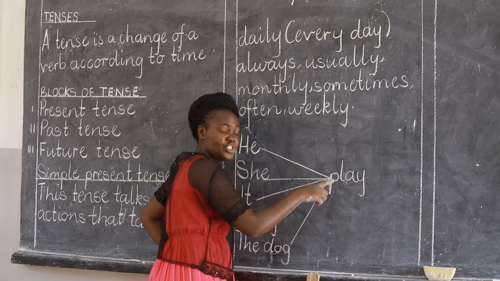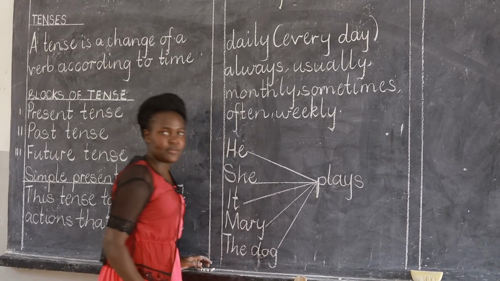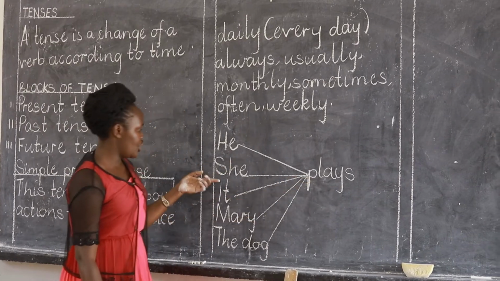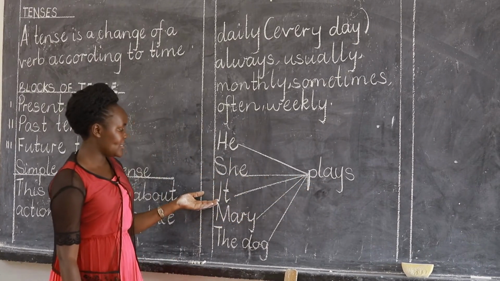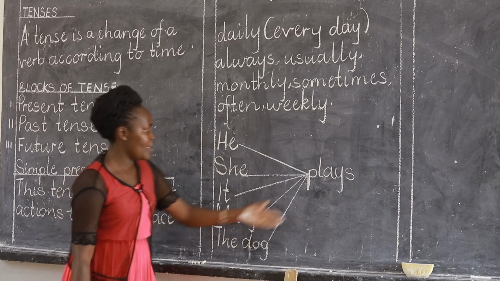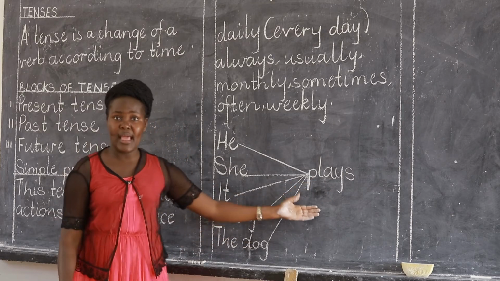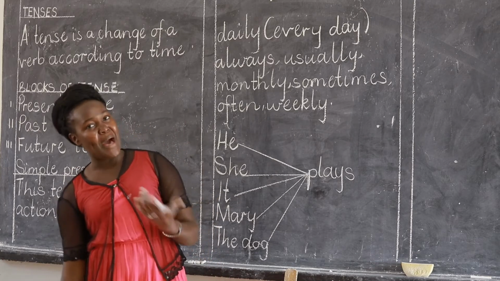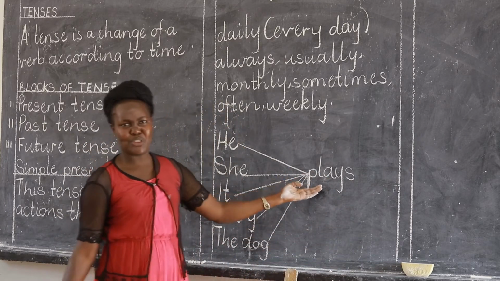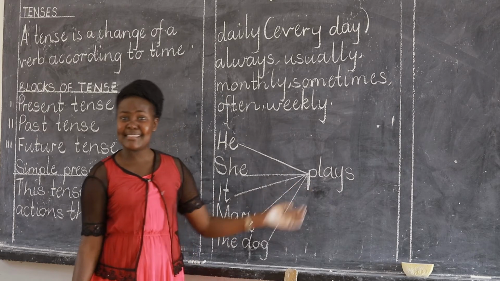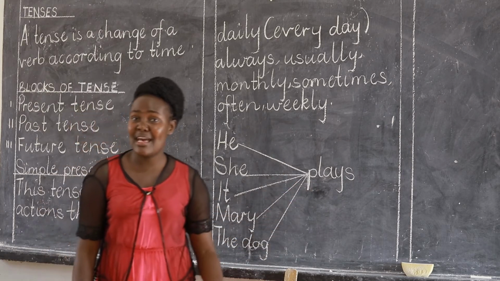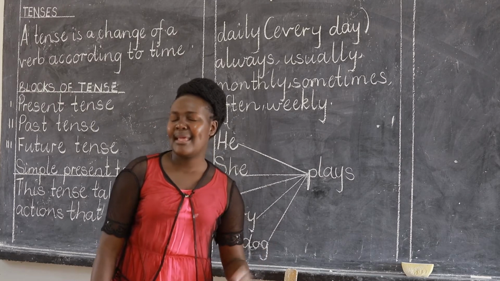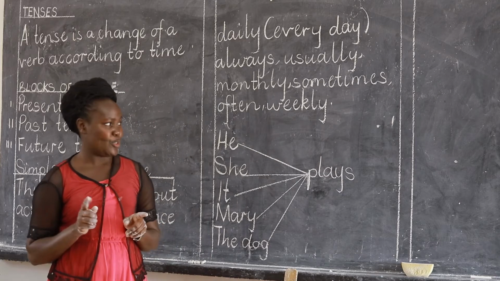So play changes to plays. So here I would say he plays, she plays, it plays, Mary plays, the dog plays, the cat plays, Peter plays, Mommy plays, and other verbs. Not only this, the cat drinks. What else? The rabbit runs. The man cuts. The verb changes.